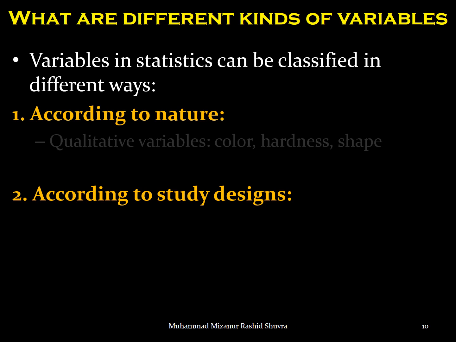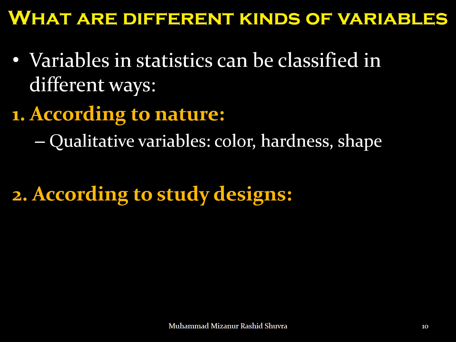According to nature, you can have qualitative variables: color, hardness, shape. And you have to pay attention to something. By qualitative variables in quantitative research, we don't mean qualitative research themes.